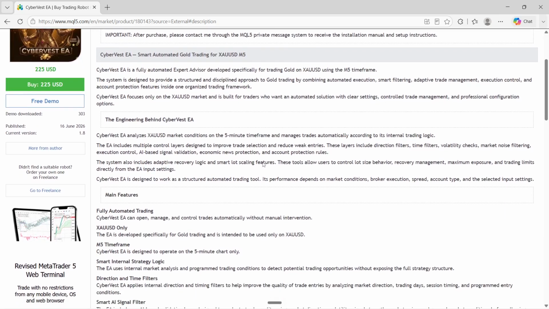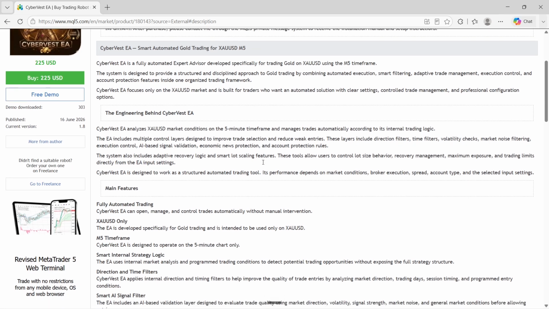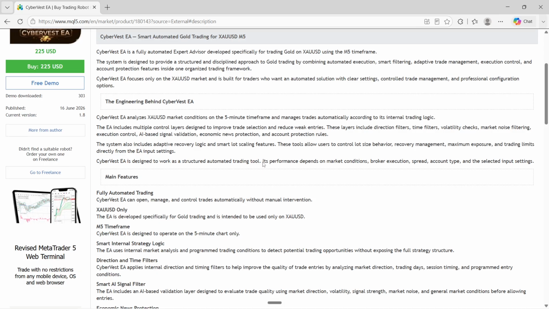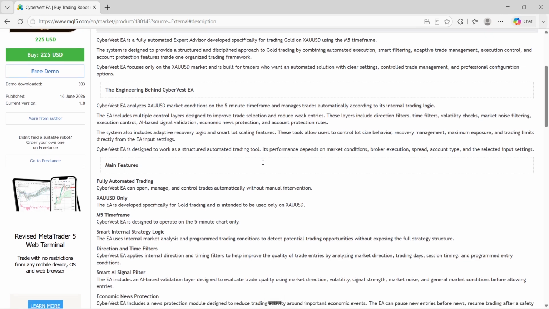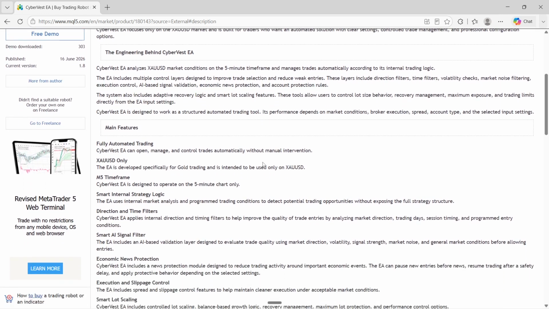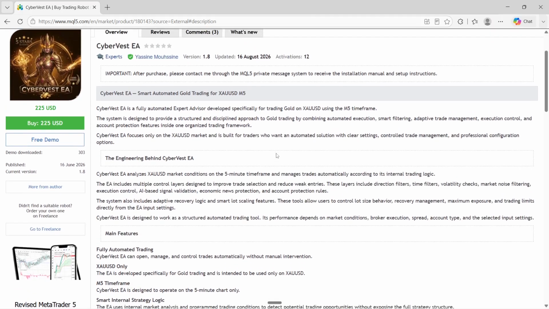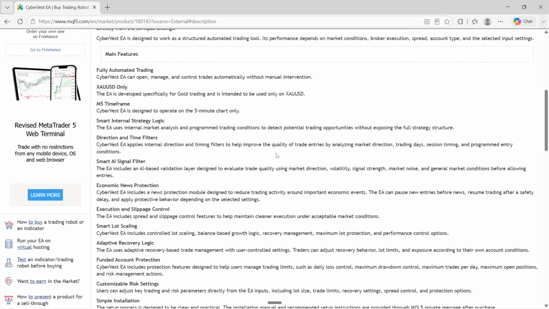It also incorporates smart lot scaling and adaptive recovery logic that users can adjust through the input settings, along with funded account style protections such as daily loss control, maximum drawdown limits, maximum trades per day, and maximum open positions. Performance is stated to depend on market conditions, broker execution, spread, account type, and the selected input settings.